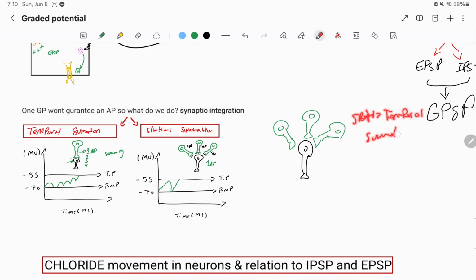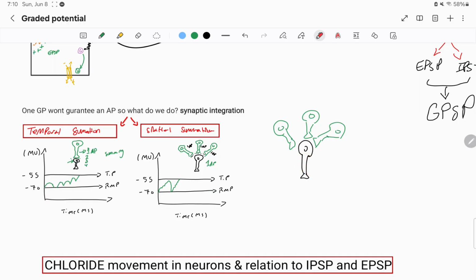Okay, summation, which was what? Which was multiple presynaptic neurons firing multiple times on one postsynaptic neuron, meaning they're going to release a whole bunch more neurotransmitters on the surface membrane of this postsynaptic cell membrane.